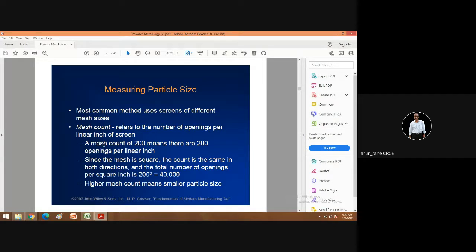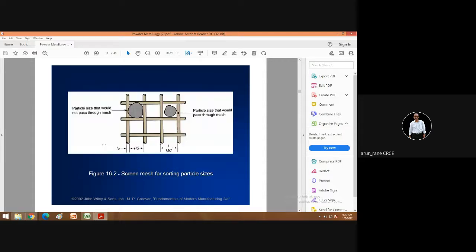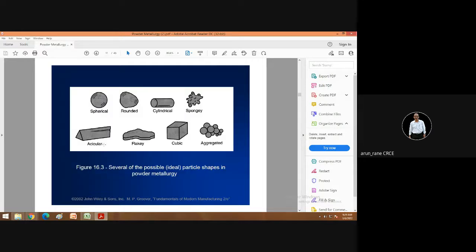The sieve which we take for grinding flour or for tea filtration. So you are familiar with this. The particle that goes through the gap, that is the size of the powder.